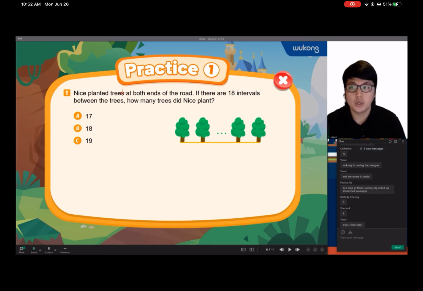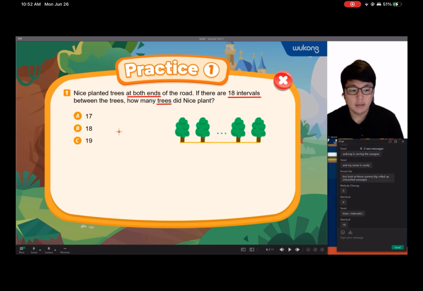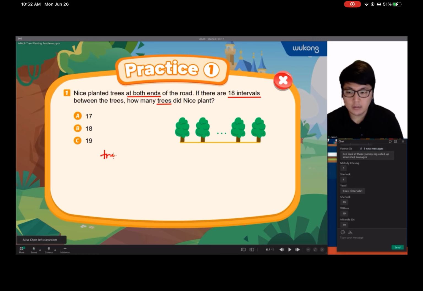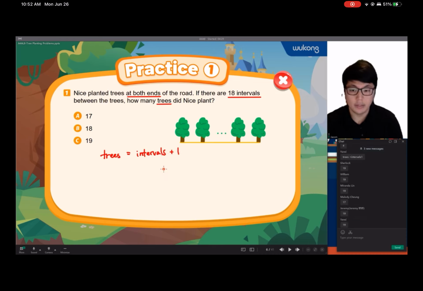So guys, this time, we don't know how many trees are in the picture, but that means you need to read the question. Nice planted trees at both ends. And if there are 18 intervals, how many trees? Well, you guys can remember if it's at both ends, well, that means trees equals intervals plus 1.